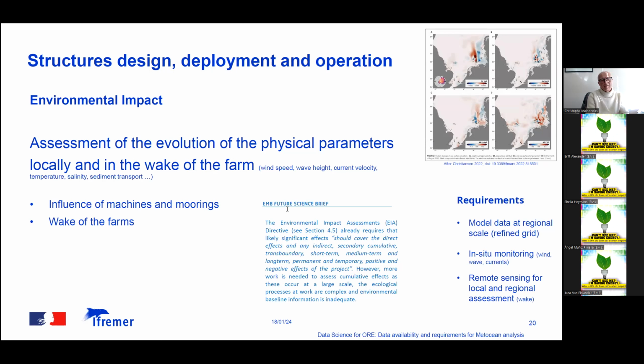So to get this information, once again, we need most probably model data at regional scale using refined grids. We will also need in situ monitoring for measurement and validation of the wind, wave, and current parameters. We could also take advantage of remote sensing for both local and regional assessment, and mainly the effects associated with the wake downstream in the farm.